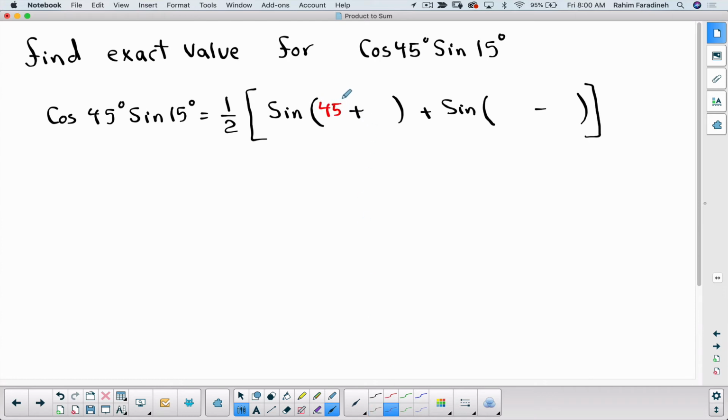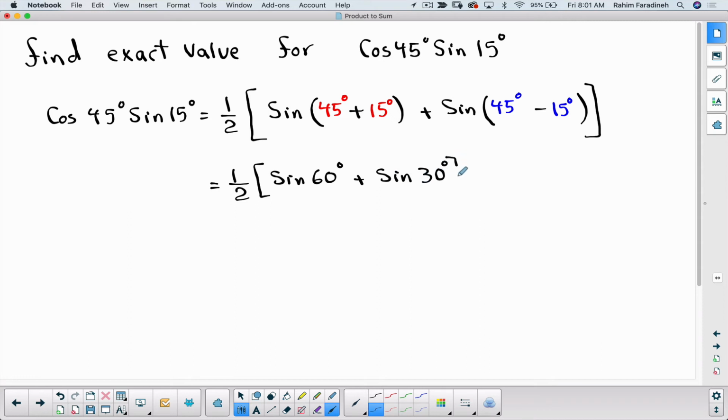So we go 45 degrees plus 15 degrees, and 45 degrees minus 15 degrees. We're going to take our time and simplify this. So this will be 1/2 times sine of 60 degrees plus sine of 30 degrees.